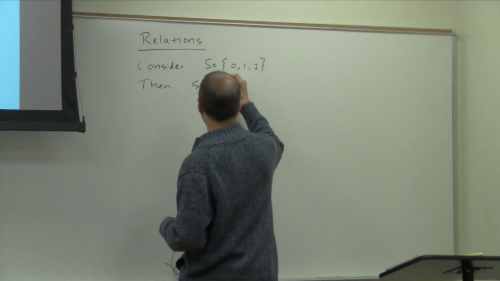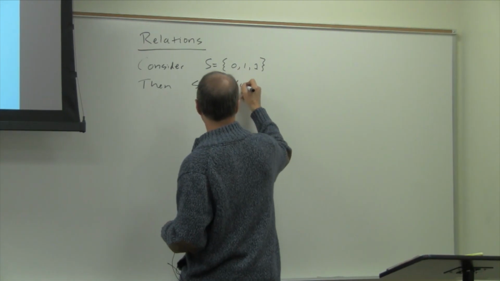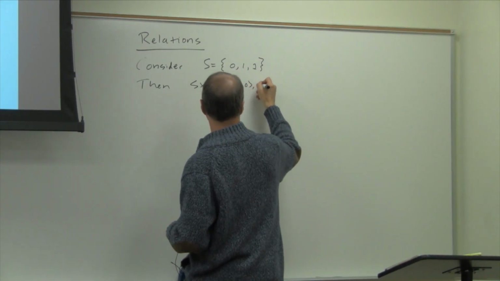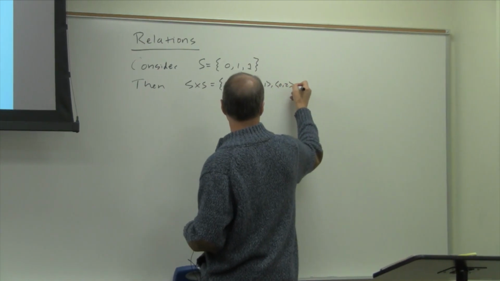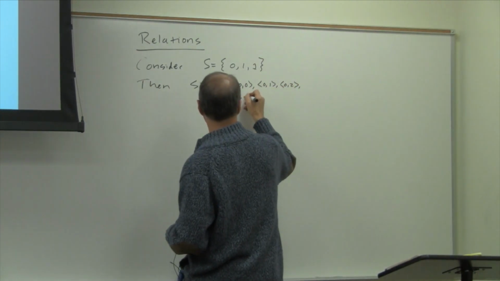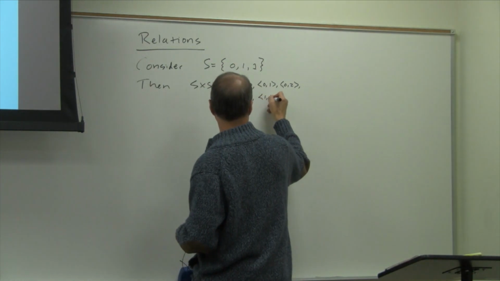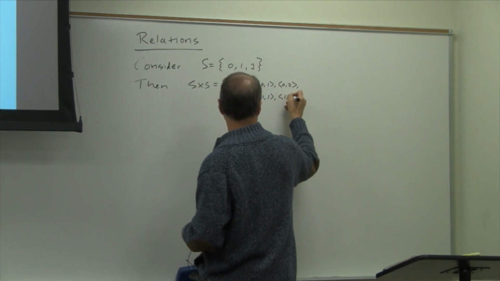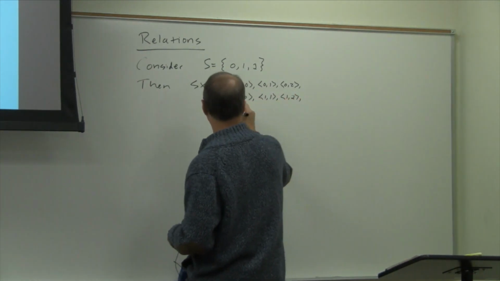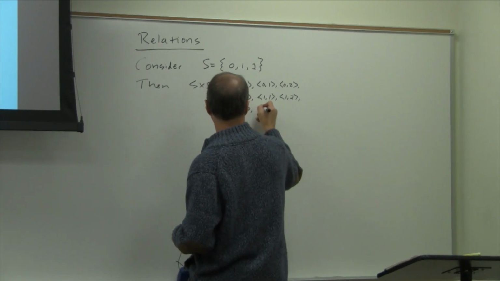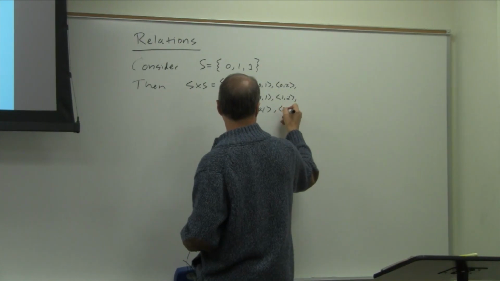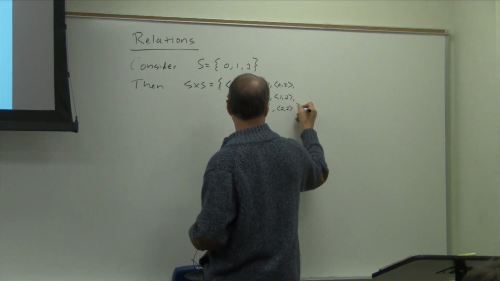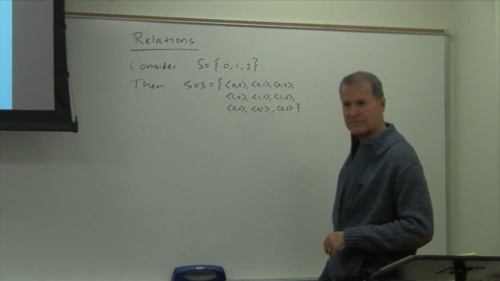How many elements? 9. Correct. 0, 0, 0, 1, 0, 2, 1, 0, 1, 1, 1, 2, 2, 0, 2, 1, 2, 2. Does everybody see that?